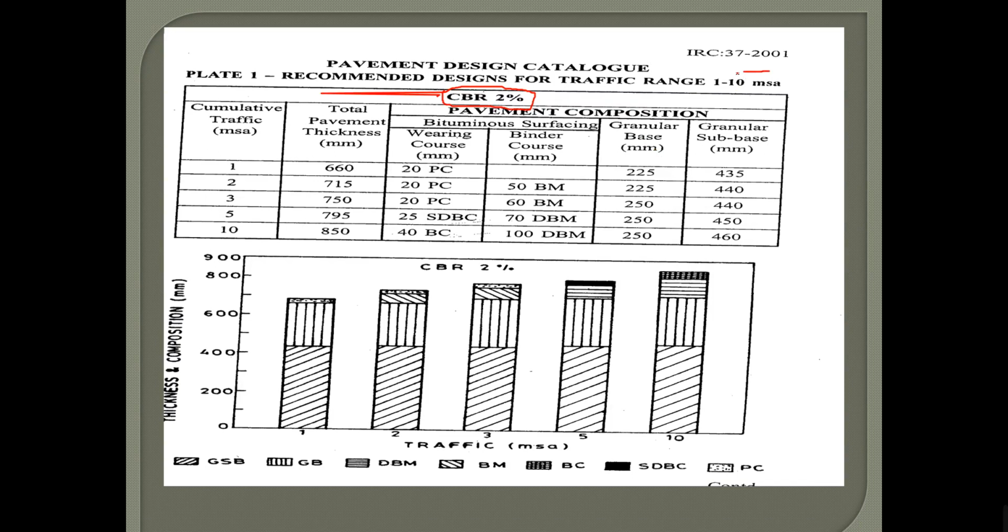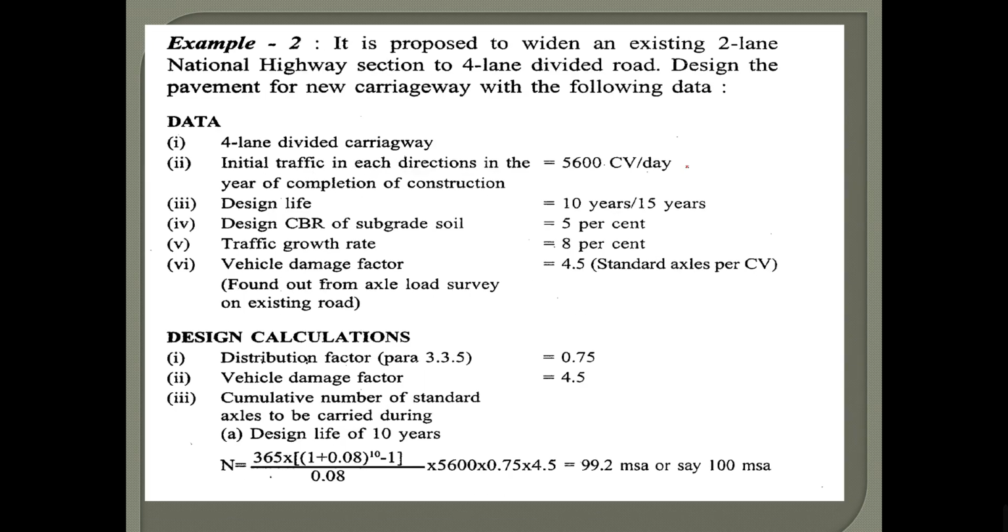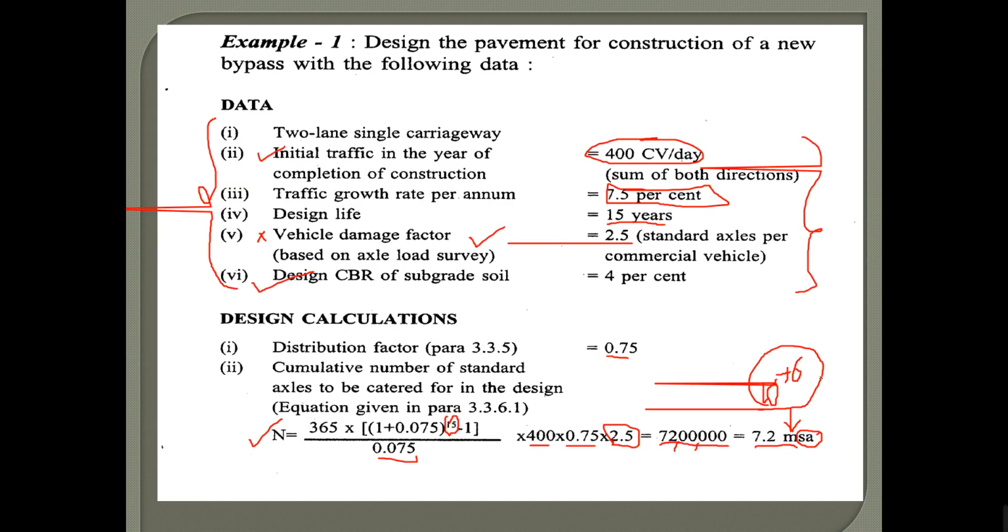So what will be the design traffic in the range of 1 to 10 MSA? This is a tabular column, or we can say pavement design catalog, for the design traffic ranging between 1 to 10 MSA. How much is the value that we had obtained as a cumulative number of standard axles? It is 7.2 MSA. Is it coming in between 1 to 10 MSA? Am I right or not? Whatever the calculation we did, the value that we have resulted is 7.2 MSA.